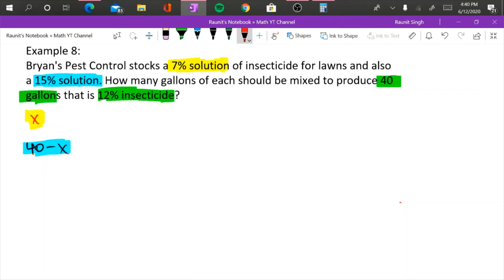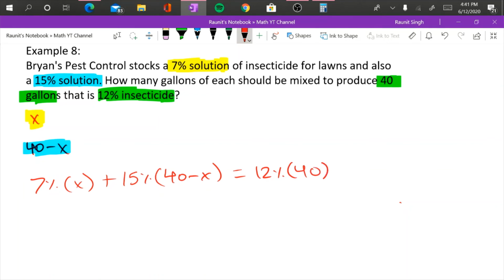So what we're going to do is 7% of X plus 15% of 40 minus X, which is equal to 12% of 40. Oh, I forgot the parentheses.